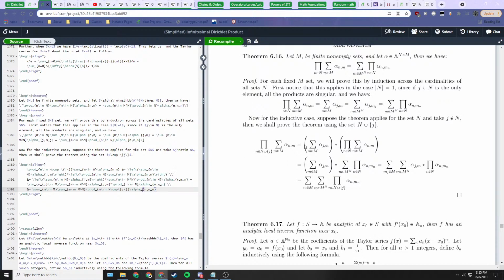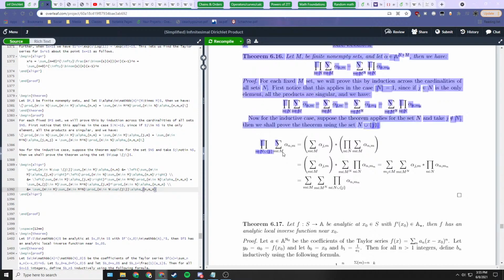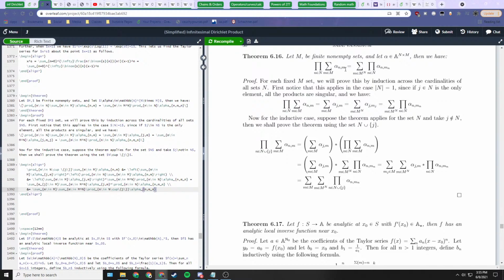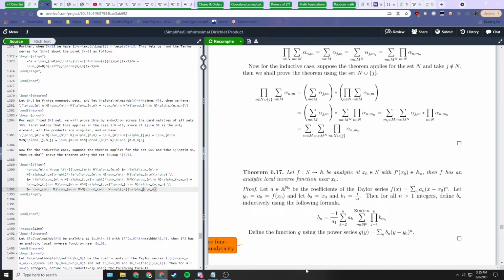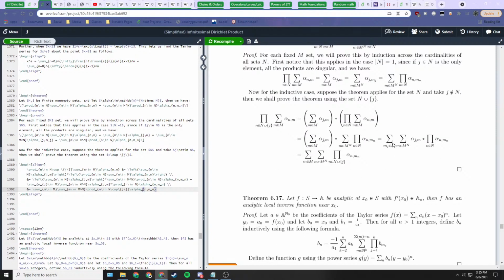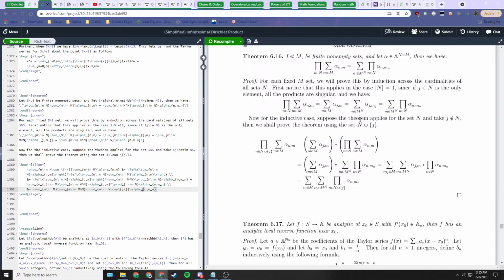Okay, so we have this product. We have the product across n in capital N union the set J, and then this sum of m in M, alpha n m. So this is the same left side of this equation. We're going to pull out the J term out of this product. So we have the sum over m in M of alpha J m times this summation. We can rewrite this other term.